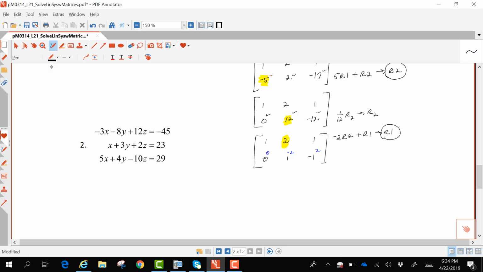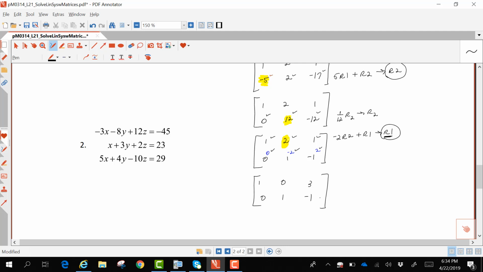Now I add the blue numbers to row 1 and put those results back into row 1. 0 plus 1 is 1, -2 plus 2 is 0, and 2 plus 1 is 3.